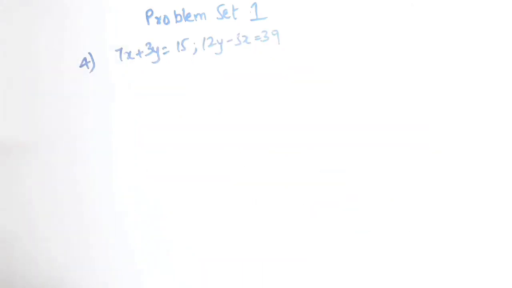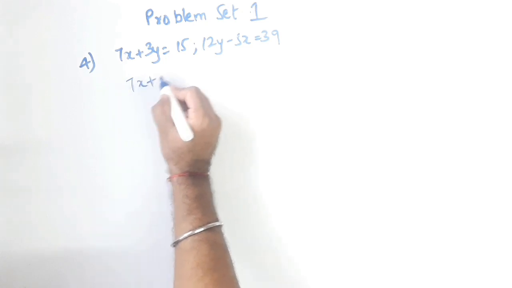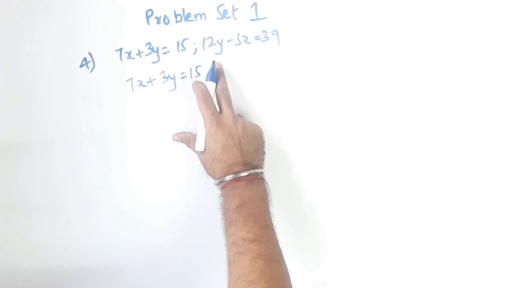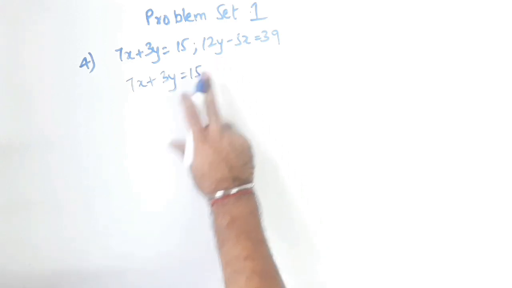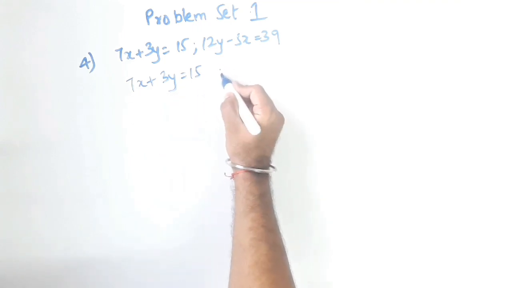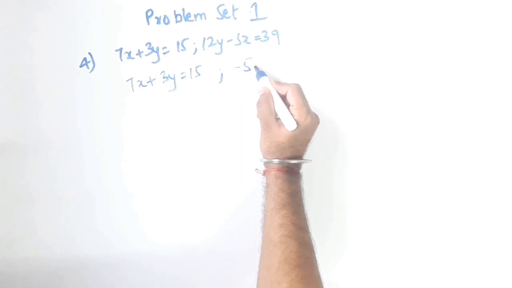As we begin with the fourth one, you can see it is 7x plus 3y equals 15, but this equation is not in the form ax plus by equals c. So first thing, you have to convert this equation in ax plus by form.